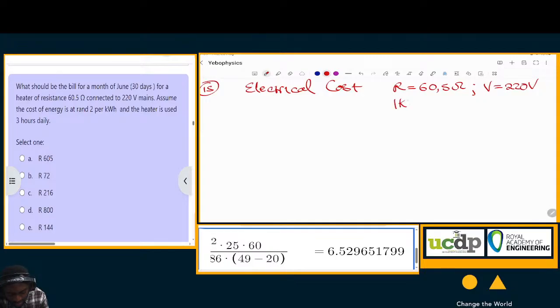One kilowatt hour is equal to 2 rand, and the time is equal to 3 hours daily for 30 days.